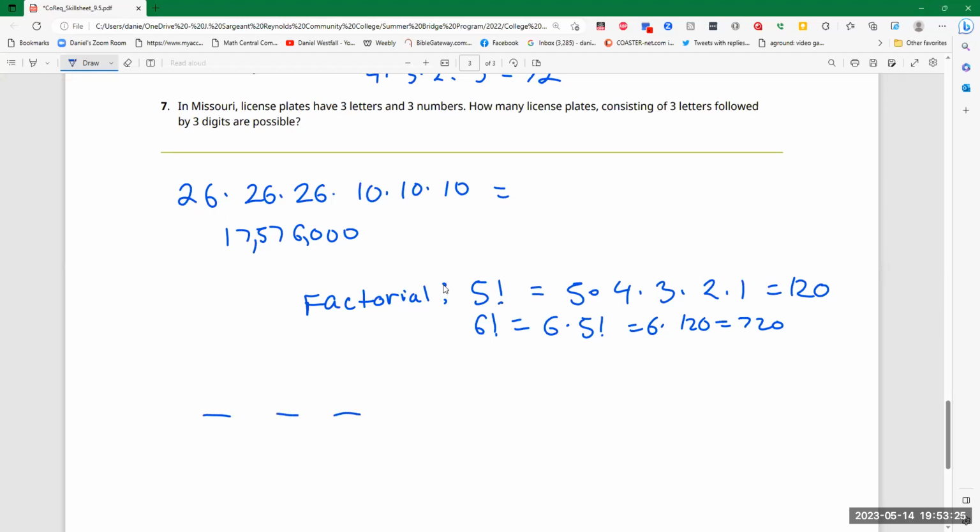So 1, 2, 3, 4, my first digit of my PIN number, I have 10 choices, then 9, then 8, then 7. So this is 90 times 8 times 7, which is 720 times 7, which is 5,040.